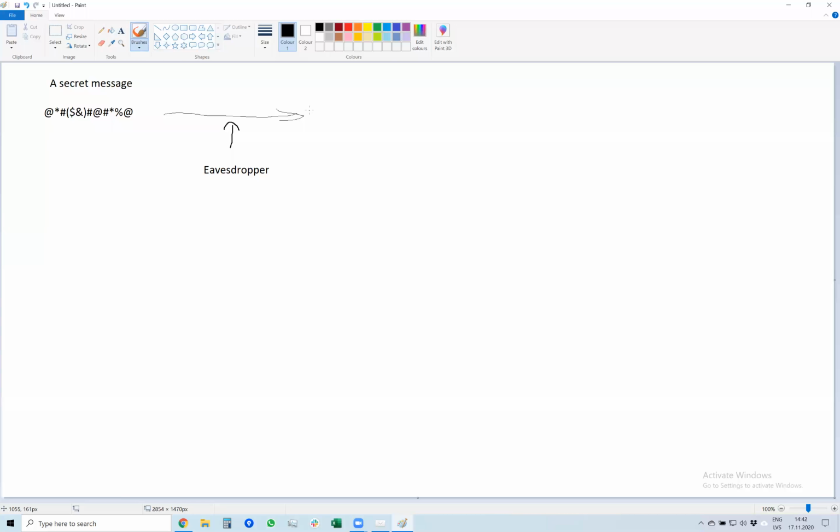But at the other end, the person who receives the message can actually decode the message and get the original text back. So previously, in the last lesson, we talked about these letter substitution algorithms like ROT13, Caesar's Cipher, and also the Enigma machine.